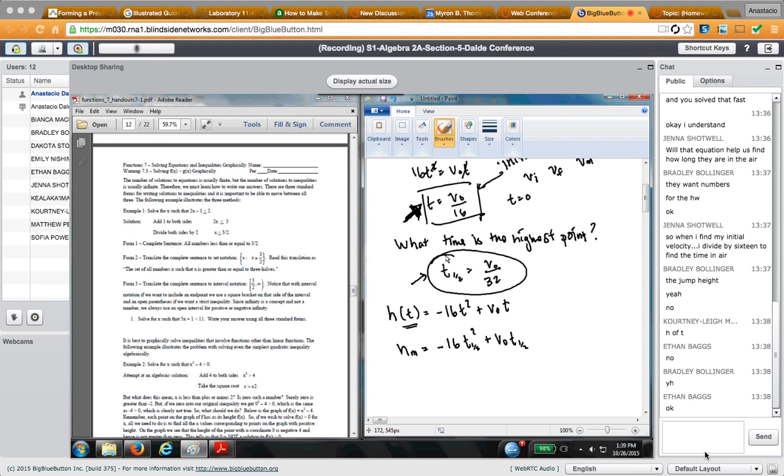I would take that time, because this equation says, here's my height for any time that you want. And I say, wait a second, sir, I'm very interested in a very specific height. The height that I'm interested in is h evaluated at t 1/2, evaluated at that specific time because that will give me my maximum height.